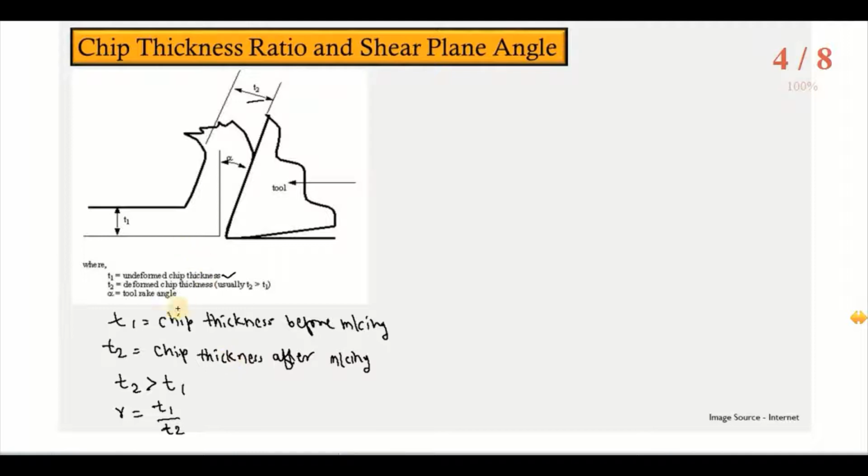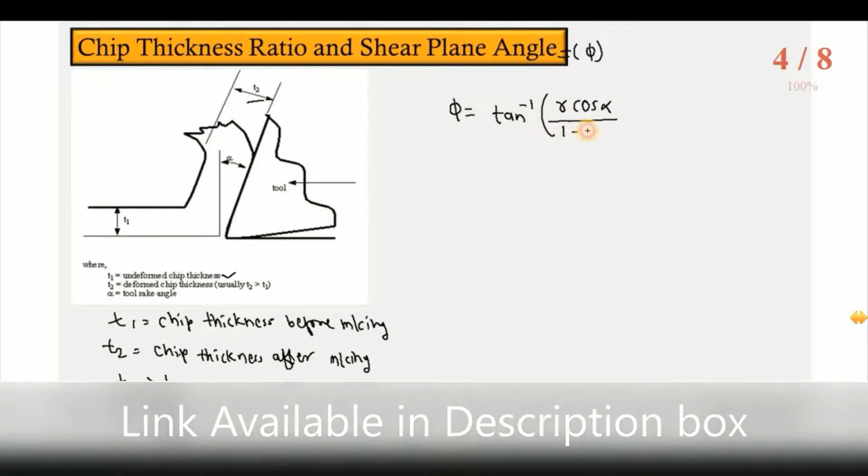And based on the tool rake angle, we are getting this alpha. We are getting the shear plane angle relation based on the chip thickness ratio and rake angle, that is phi, which is the shear plane angle, noted as phi = tan inverse of R cos alpha upon 1 minus R sin alpha.